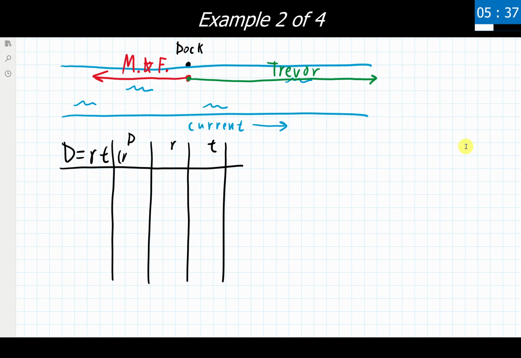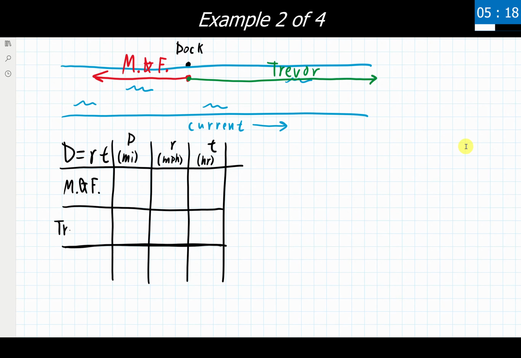The distance is in miles, the rate is in miles per hour, and the time is in hours. Now we have 2 sets of data here. We have information about Michael and Franklin, so I'm just going to keep doing M and F for shorthand, and then we have Trevor. And then again, as we've done in the past, maybe we're going to have a total showing up in these bottom rows, but if it happens, it happens.